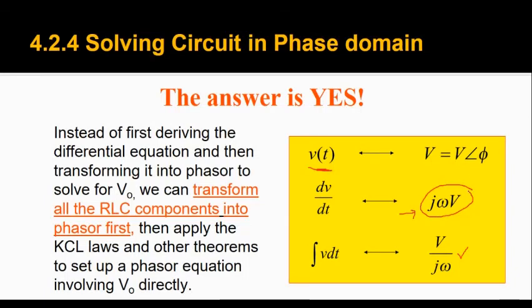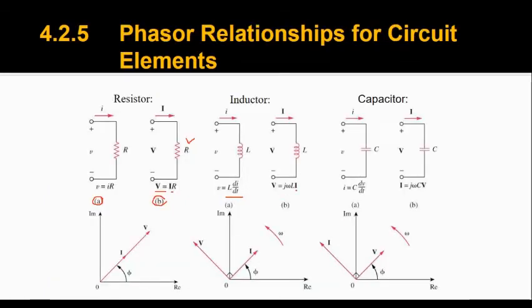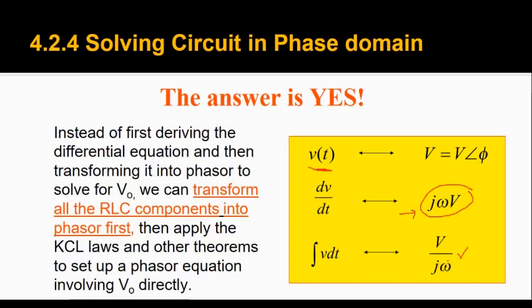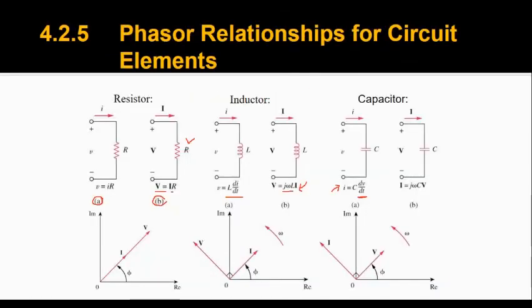So if you have L di/dt, then you write j omega L times I. For the capacitor, in the time domain you always write the equation I equals C dV/dt. In the frequency domain, you transform this dV/dt into the phasor domain, so here you write this as j omega C times V.